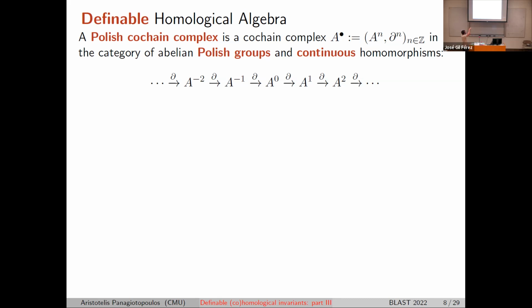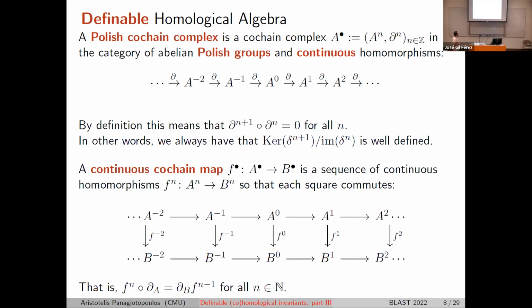This will be Polish abelian groups, and this will be continuous homomorphisms, right? The fact that it's a cochain complex by definition means that when you take two consecutive coboundary maps and you compose them, you get zero, right? In other words, this means that there is this quotient here that can be defined in each coordinate, which will serve as a cohomology group, if you want.